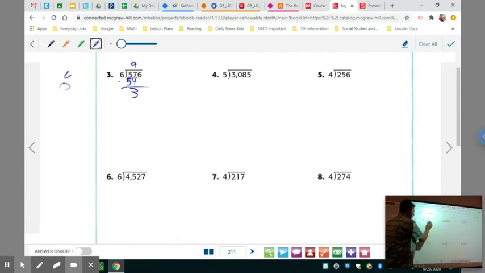Now what? Carry that 6. Carry it where, over here? No. Carry that 6 down. Carry it down, Charlie Brown. All right. So now how many times does 6 go into 36? 6. That's the answer, you doofus.